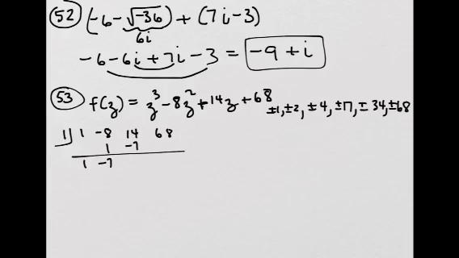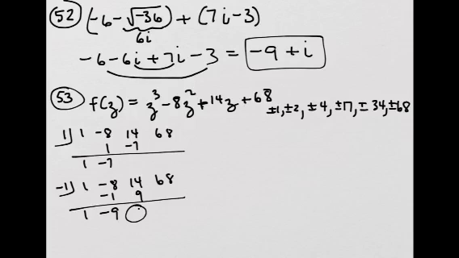I'll try negative 1. Bring down the 1, negative 9. Again, it's not going to work because I need a 68 here, so it becomes negative 68 down here, so that's not going to work. I'll try 2. So that gives me 1, negative 8.